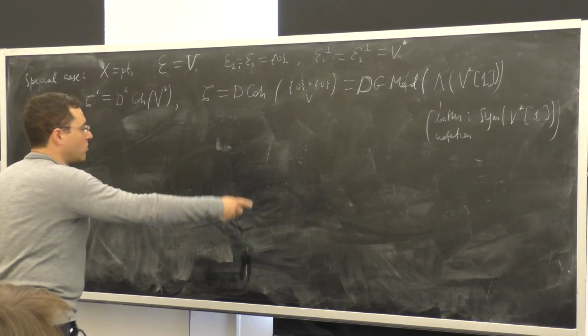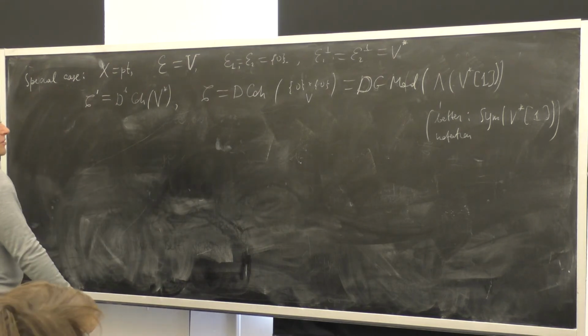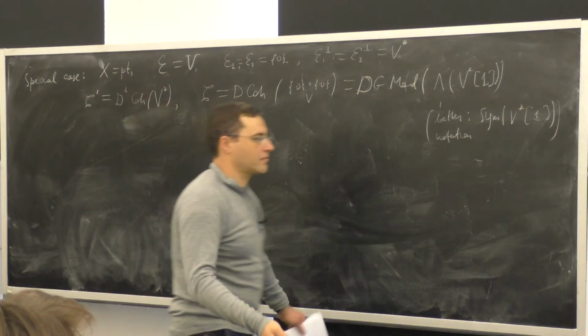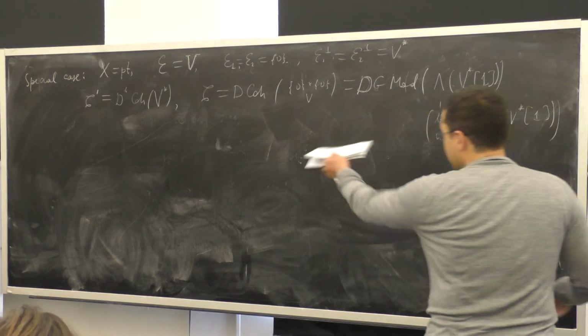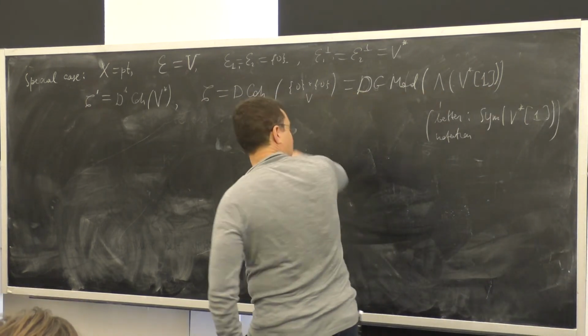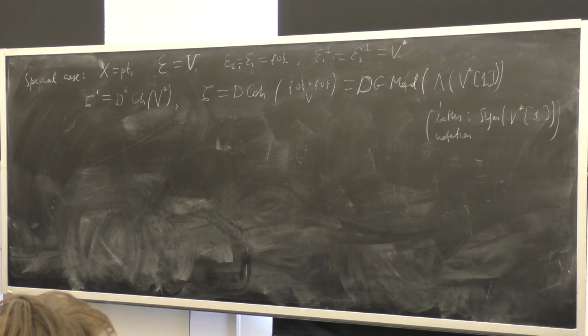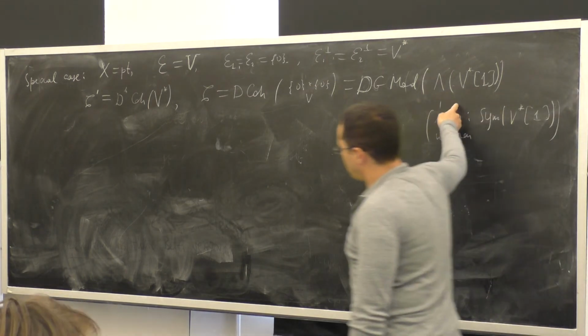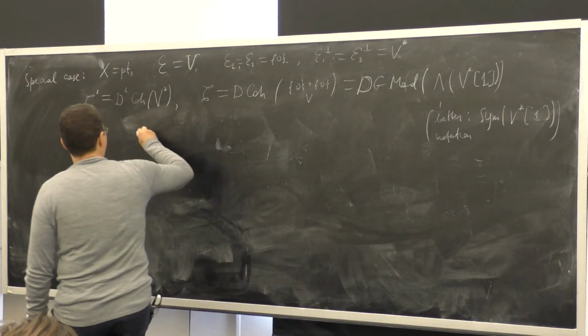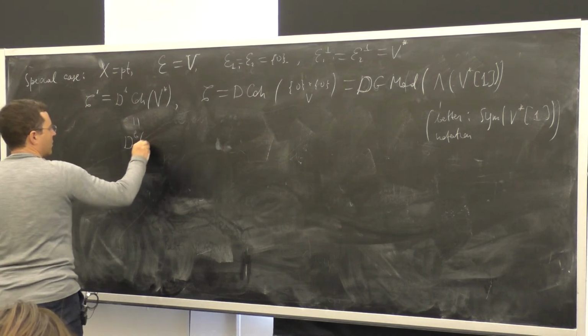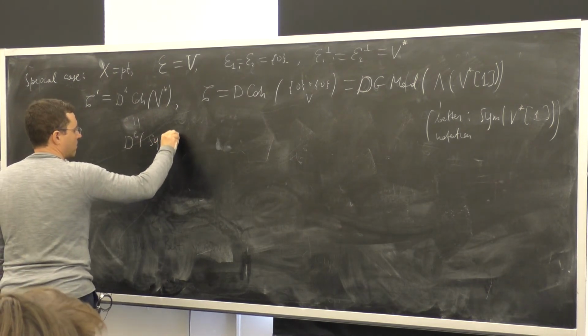Okay, so there are two things to note about it. First, this example has two roles. The first role is to demystify this, because you see that in this case, this is of course the derived category of CMV modules.